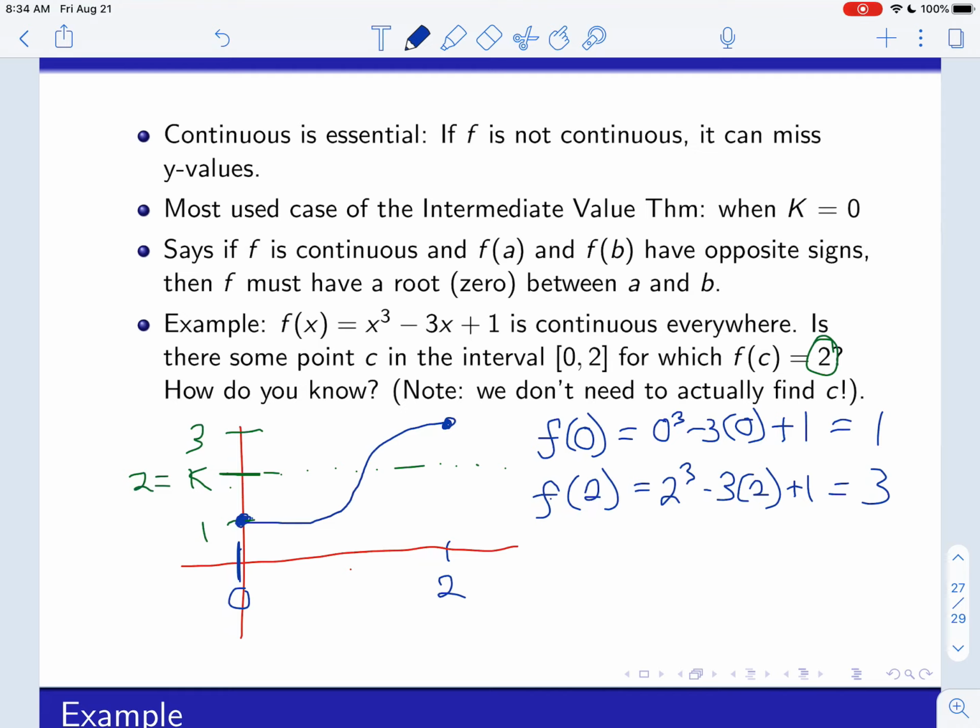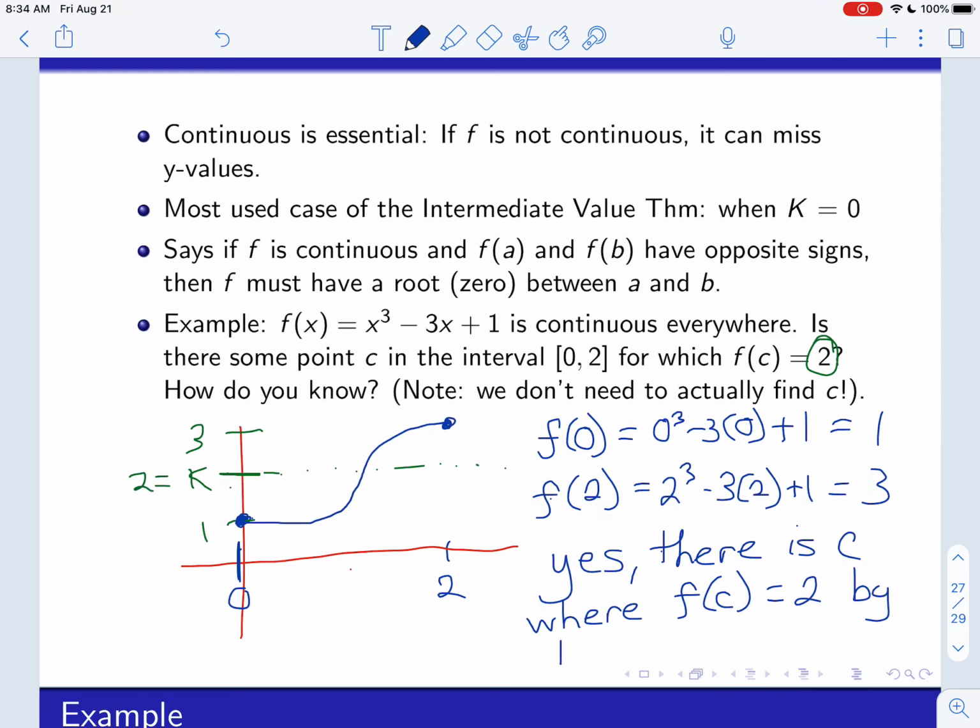Okay, so we can say that, yes, there is a point c where f of c equals 2 by, and I'm going to abbreviate, intermediate value theorem.